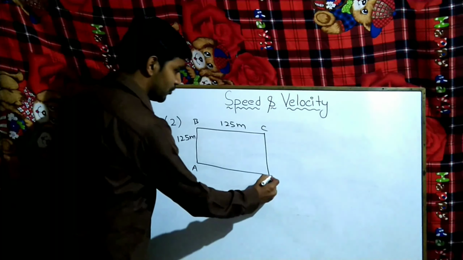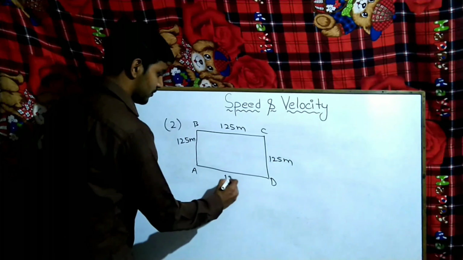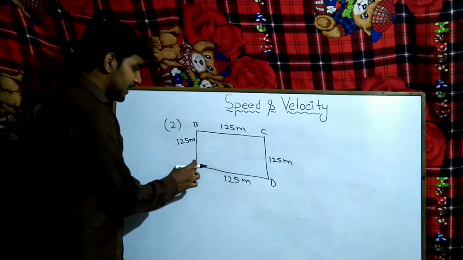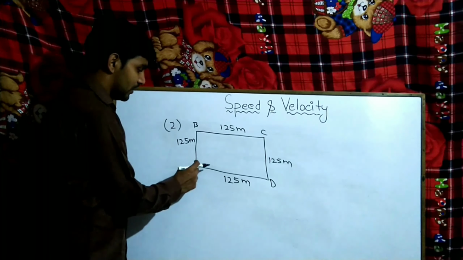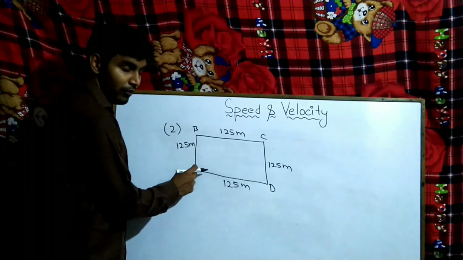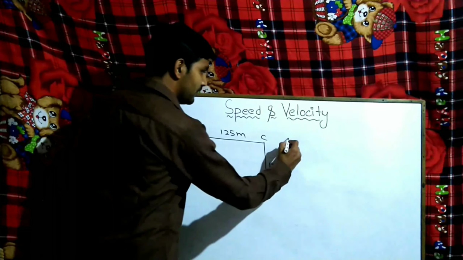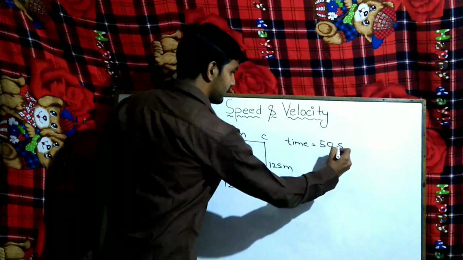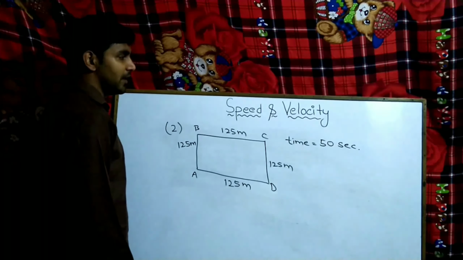From C to D, 125 meter, and this also becomes 125 meter. One complete revolution takes 50 seconds. So time is given as 50 seconds, and we have to find the average speed.